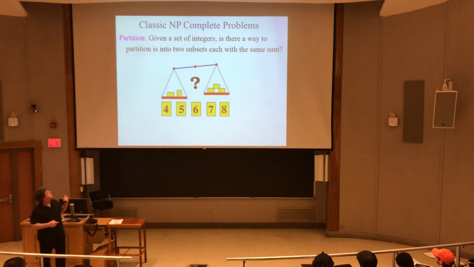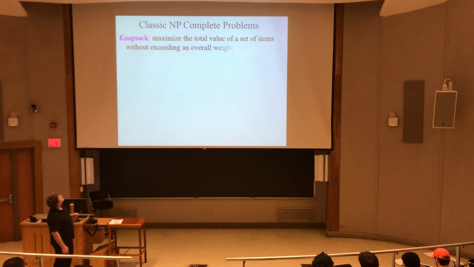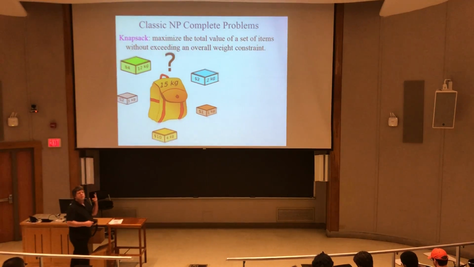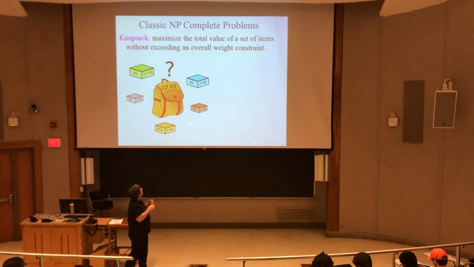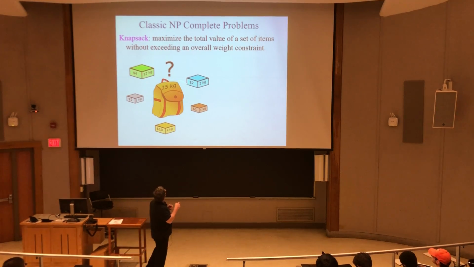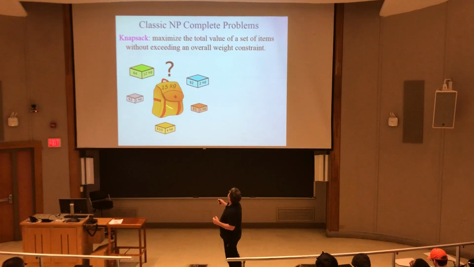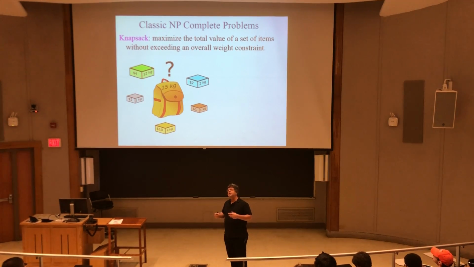Again, it's NP-complete. The knapsack problem is a similar problem, but here you have a bunch of objects and each one has 2 constraints, a dollar amount or a cost more generally, and also a weight. And then you have a backpack that can carry at most, say, n pounds or n kilograms, and you want to put as many of these objects in the knapsack to maximize the total value of all these objects.